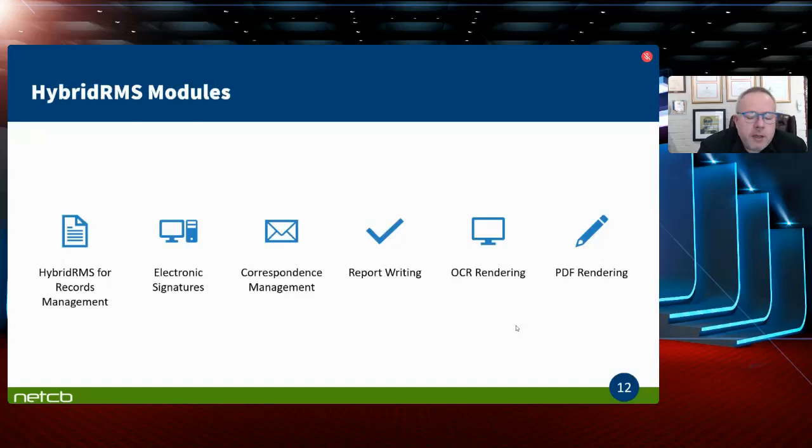We already have an elementary integration, but we are busy working on a very tight integration with SigniFlow. It also provides for correspondence management. There's a report writing mechanism. Another module that we hopefully will have ready by the middle of next year is the automated OCR rendering as well as PDF rendering, because they're part of the same mechanism.